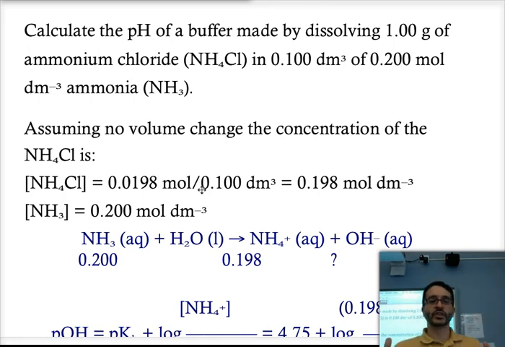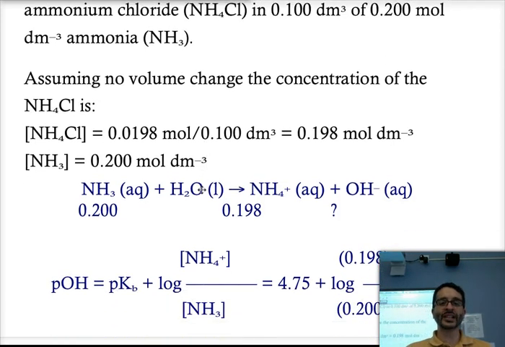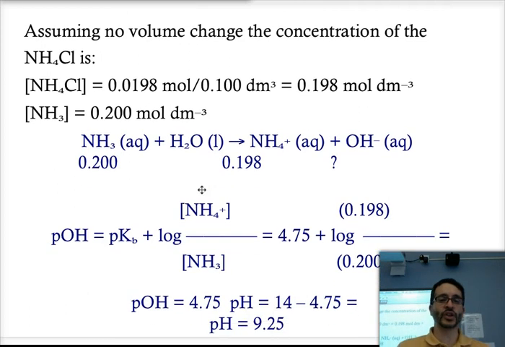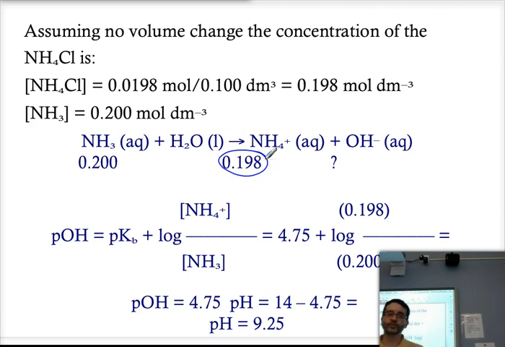So we're just going to put that directly into our Henderson-Hasselbalch equation. We take the value for the conjugate, and that's always going to go on the top of the logarithm.